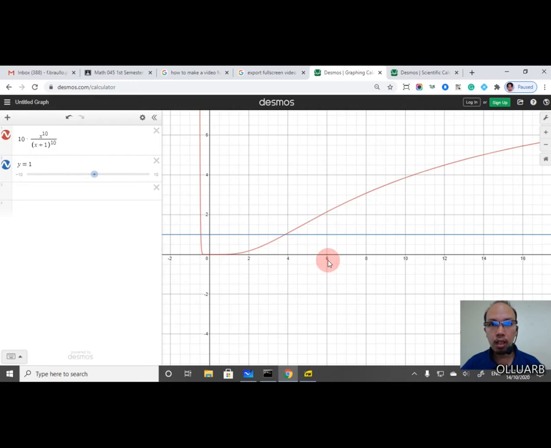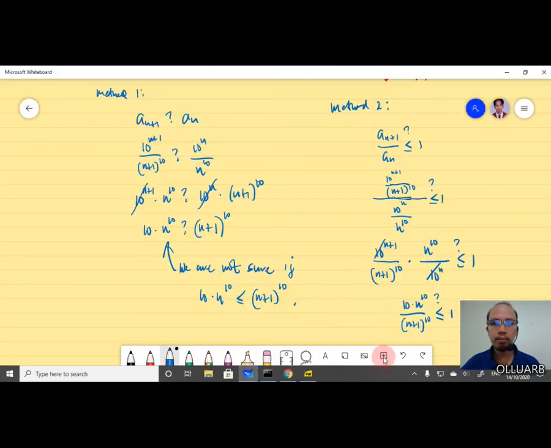So if you take n is equal to 6, then clearly the left hand side is not less than or equal to 1. Okay, so that's the idea.